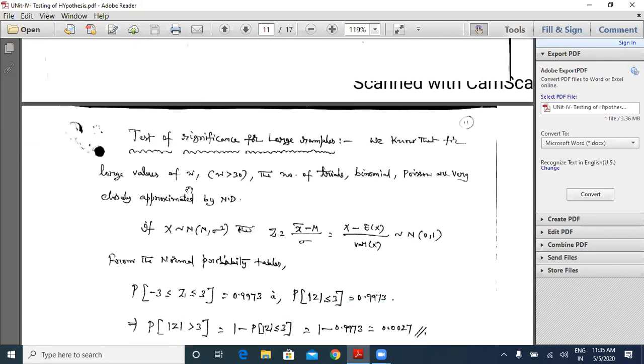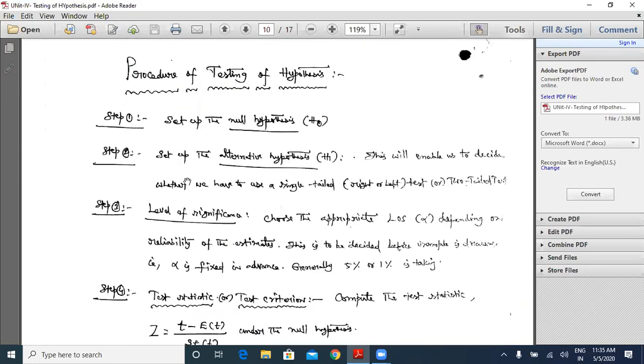So this is the procedure. First step, we have to set up H naught. Second step, we have to write H1 based on the given problem. In some problems, it is given directly, H1 x bar greater than mu or H1 less than mu. Greater than mu means you use the right tail test, if the less than symbol appears, left tail test, and if the not equal to symbol appears, then two tail test.